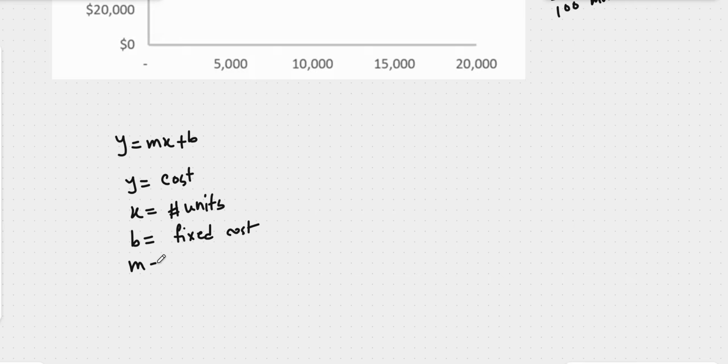And M is the variable cost. Okay, you must remember this formula, and what each parameter stands for. So Y is our cost, X is our number of units, B is our fixed cost, and M is our variable cost.